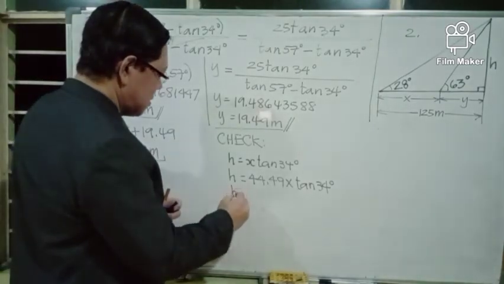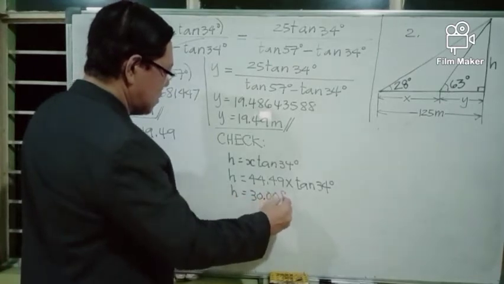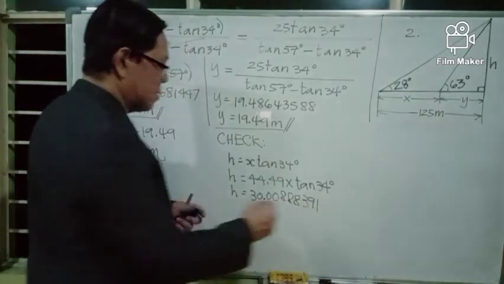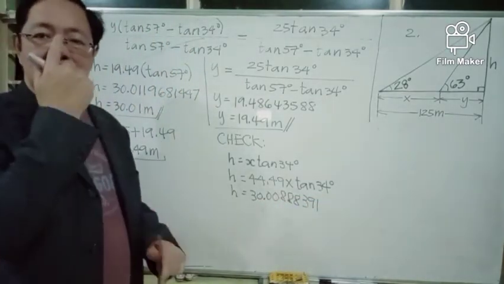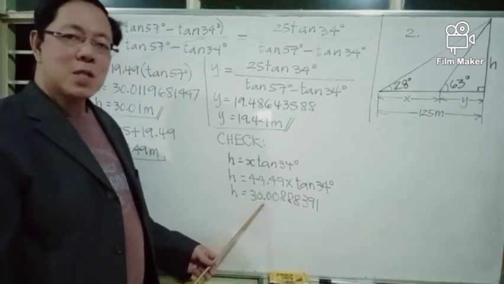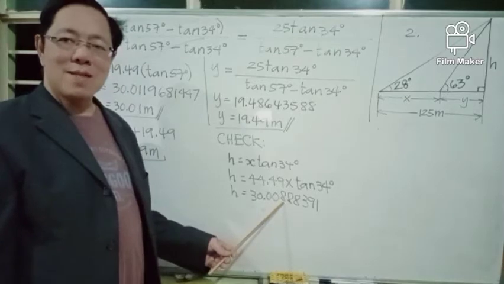You get h is 30.0088391. Again, we round this to two decimal places. After the decimal point, you count 3, 1, 2, 3. The number to be dropped is 8.